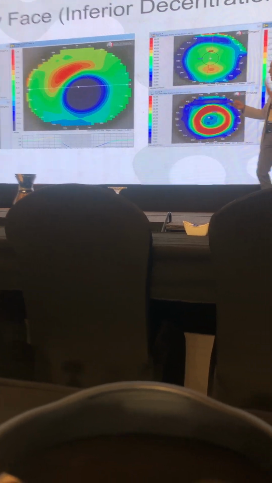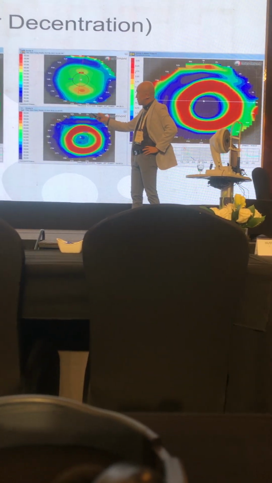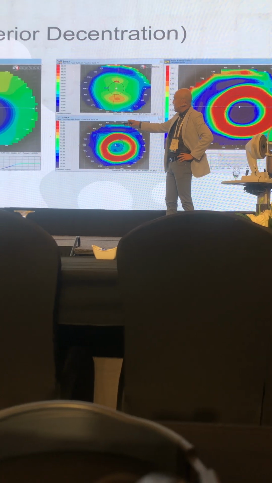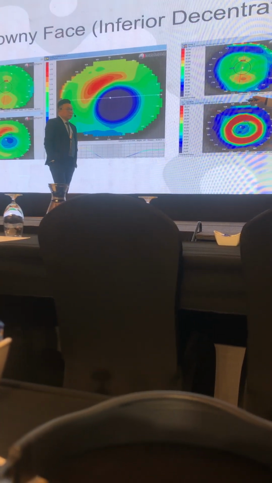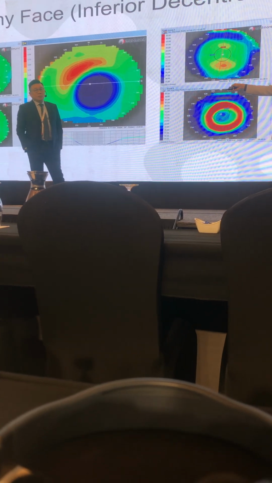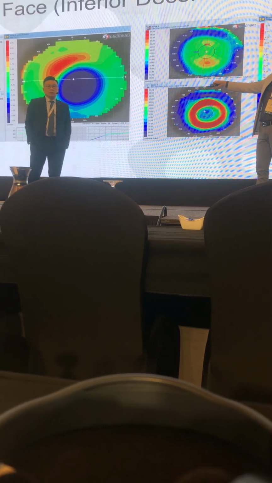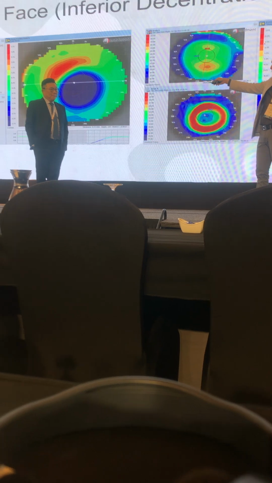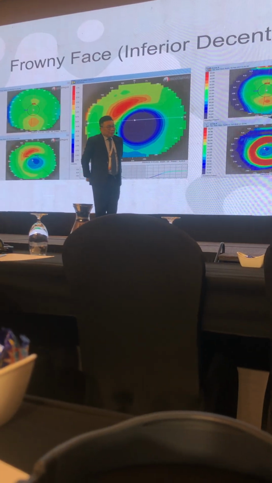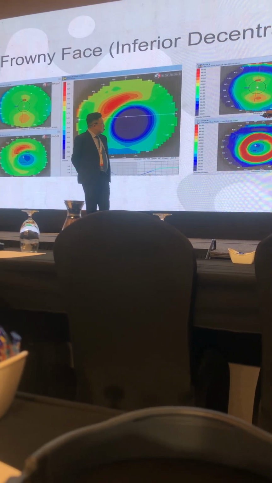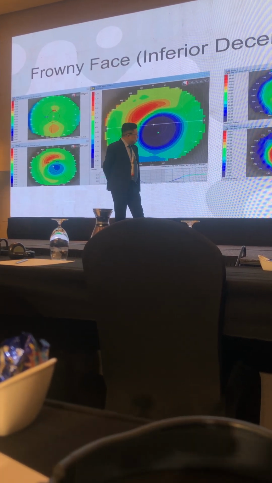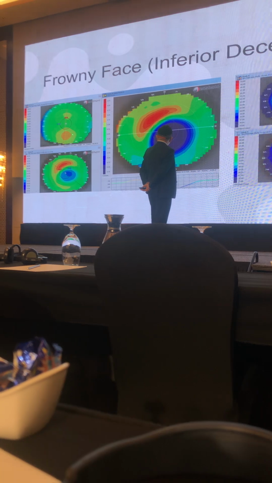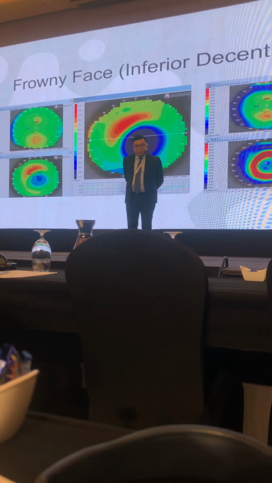When you interpret the cornea topography here, you notice what happened to the cornea toricity. It's steeper inferiorly than superiorly. So even if you use toric lenses, you may not solve the problem.